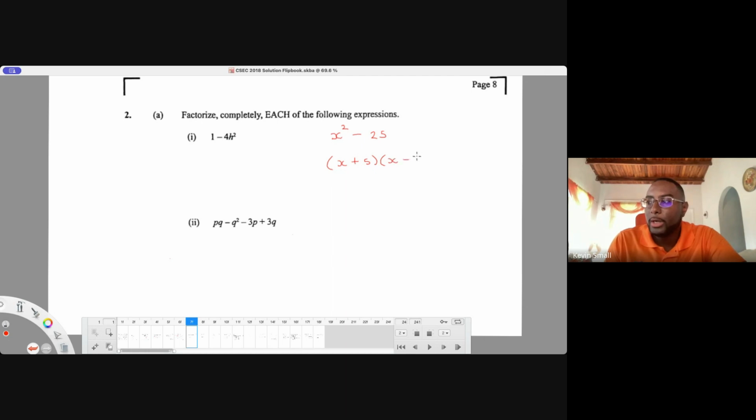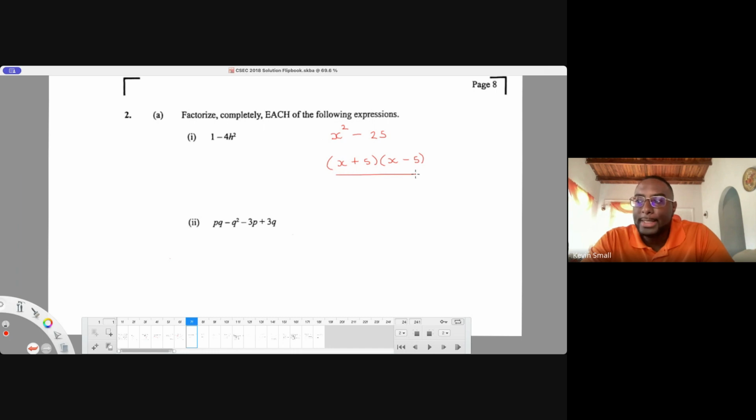Now, I could show you the long way of solving it, but it doesn't make sense showing you the long way at this point in time. You just have to understand that they're perfect squares. So once you can find a square root for both the terms, then your answer will always look something like this, one being positive, the next one being negative, okay?